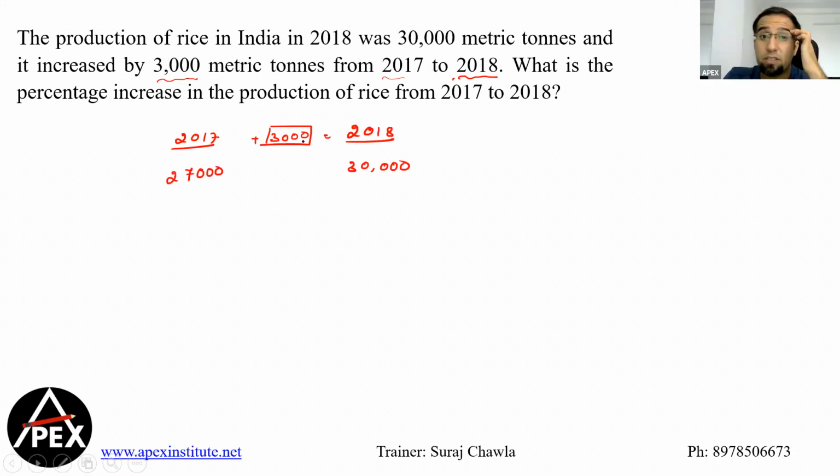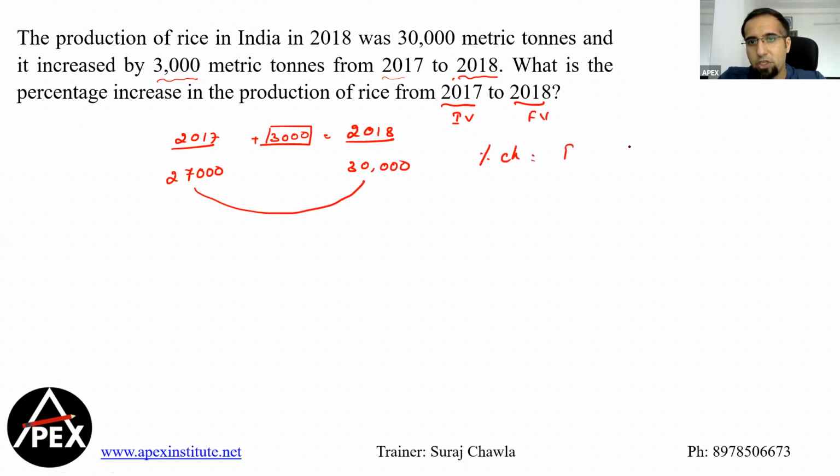Clear? Now, what is the question asking? Find the percentage increase from 17 to 18. Now, please remember 17 becomes my initial value, 18 becomes my final value. So percentage change is final minus initial by initial into 100.